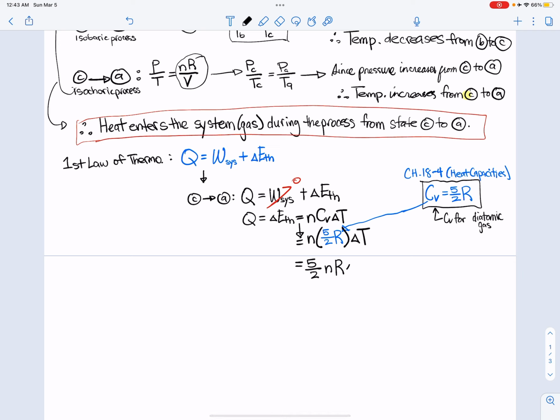All right, let's do a side mission. I call this side mission number 1, and I'm going to use brown for side missions. Let's say we want the delta of our ideal gas law, PV equals nRT. So I've got delta PV is equal to delta of nRT.